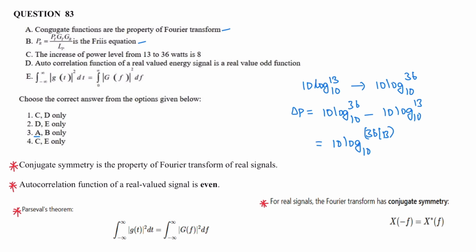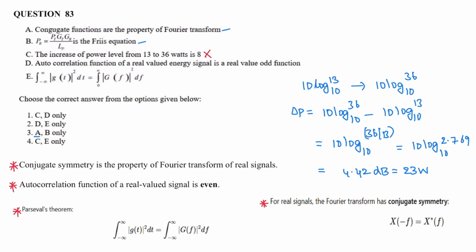Log A minus log B is log A by B. That is 10 log of 2.769 base 10. Its value is 4.42 dB, that is 23 watt. So statement C is incorrect.